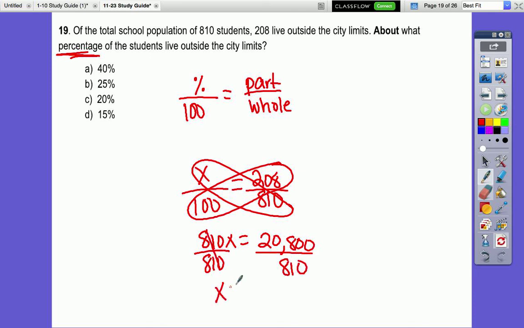And X is going to be equal to about 26%. Well, they don't have 26, but we can do 25%. The number that we had was 25.6790, so 25.6790 is closest to 25%.